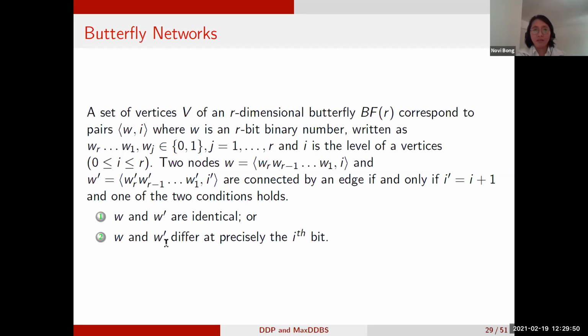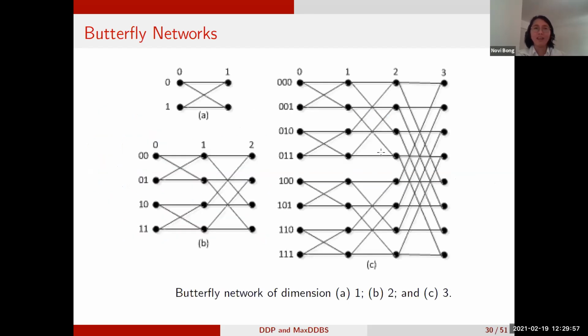I will not talk about this definition that looks complicated; I prefer to show you a picture. This is a butterfly network of dimension 1, this is a butterfly network of dimension 2, and this is a butterfly network of dimension 3.